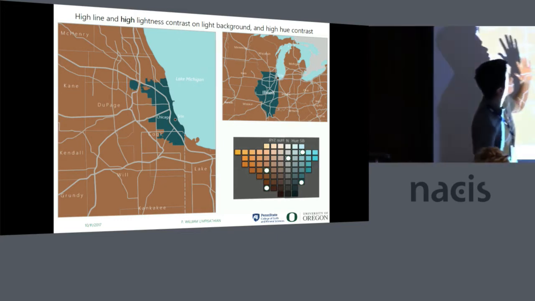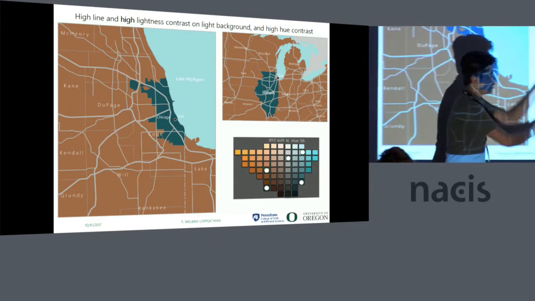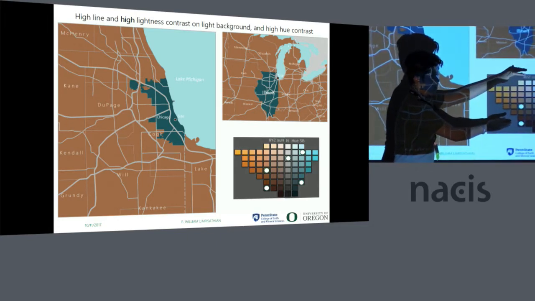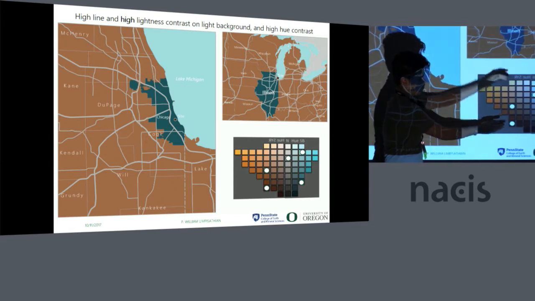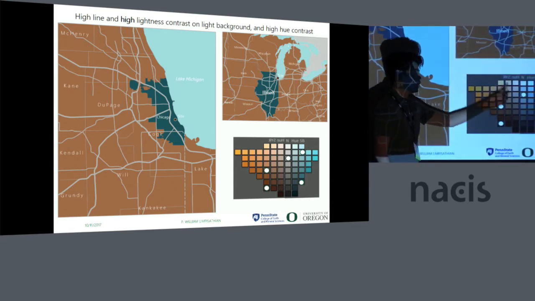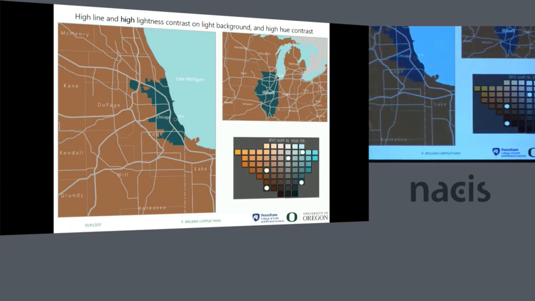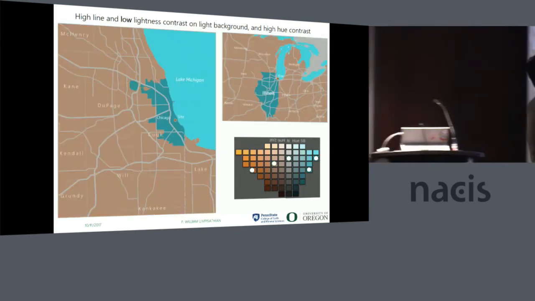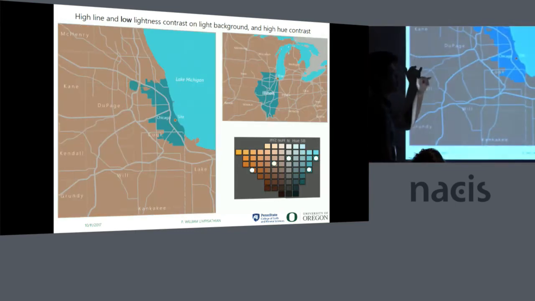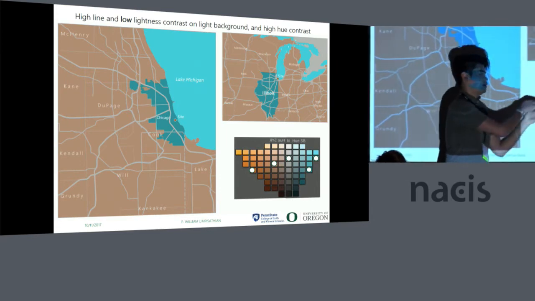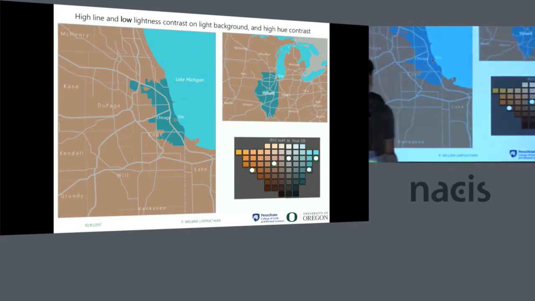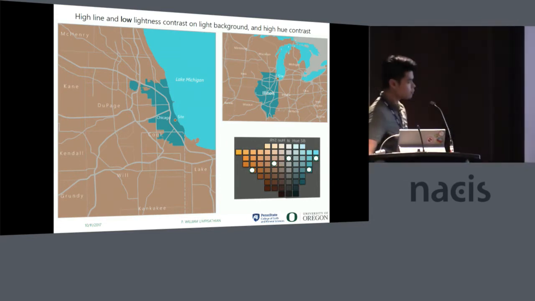In this map, it's showing high lightness contrast, so the colors chosen from that space are spread throughout the lightness space, which runs from the bottom to the top, dark to light, versus this map, which is essentially the same hue, same line contrast, same everything else, but low lightness, so it's squeezed down to only 3 levels of lightness.